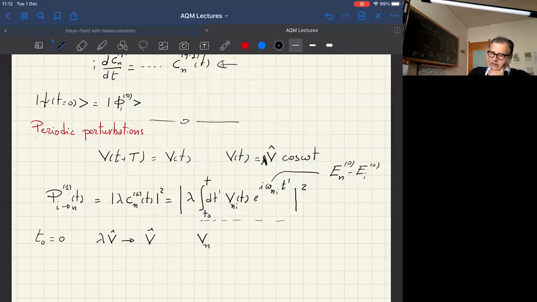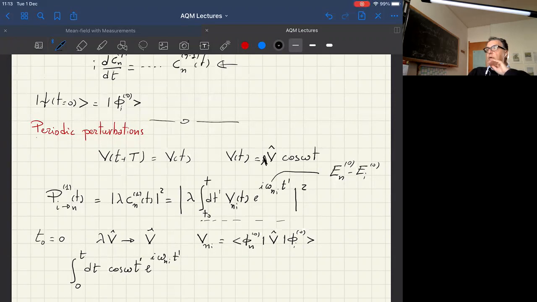It's just V n I, which is, I'll just remind you, Φ0 n V Φ0 of I. Okay, this is the matrix element, and then I have to compute the integral between 0, we said that we start from 0, and t of dt prime cosine of omega t prime e to the I omega n I t prime. Okay, and then do the modulus squared.